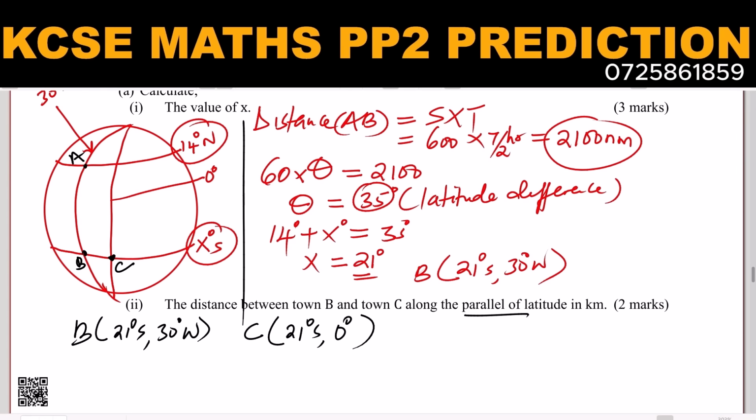And one thing that will help you, because it is flying through the south, so from C it will have to pass through the south and then to D. So you need to get the whole of this angle that is here, and this is how you're going to do it. This angle that is here, this is 90 degrees. Then we have 5 degrees, and then we have this angle that is here. So this will be 90 subtract 21, and this will give us 69 degrees.